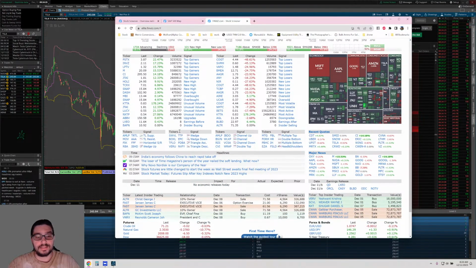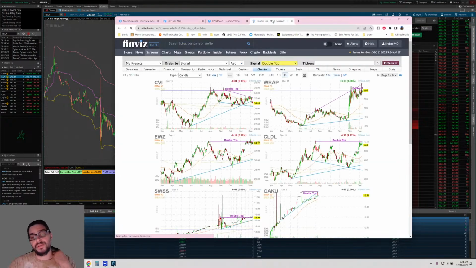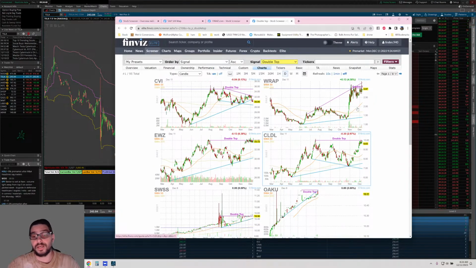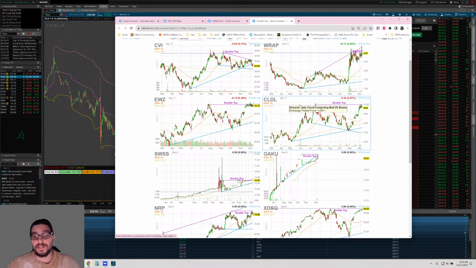You also get these different signals, so you can start to learn. We'll pull up a double top. A double top is generally a bearish signal. You can see different bearish ones here. On this double top, if we took a bear, we would have been making money on it. But don't always do this, okay? Right here, CLDL, here's our double top.